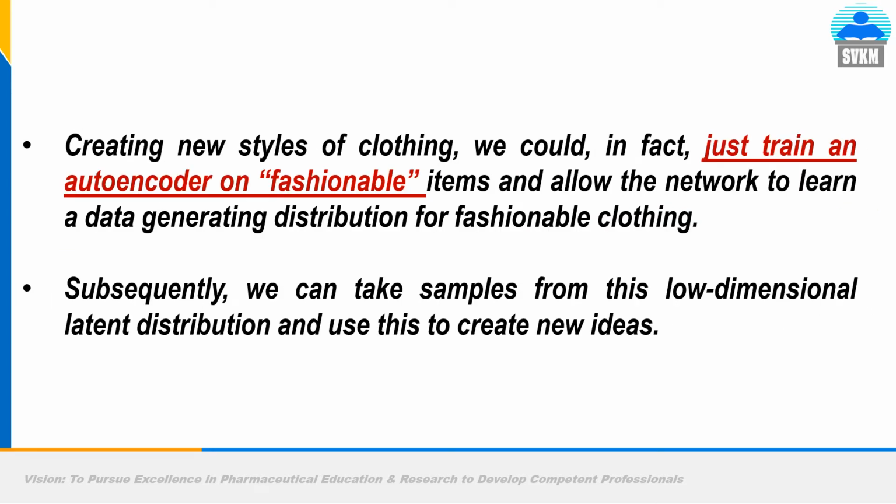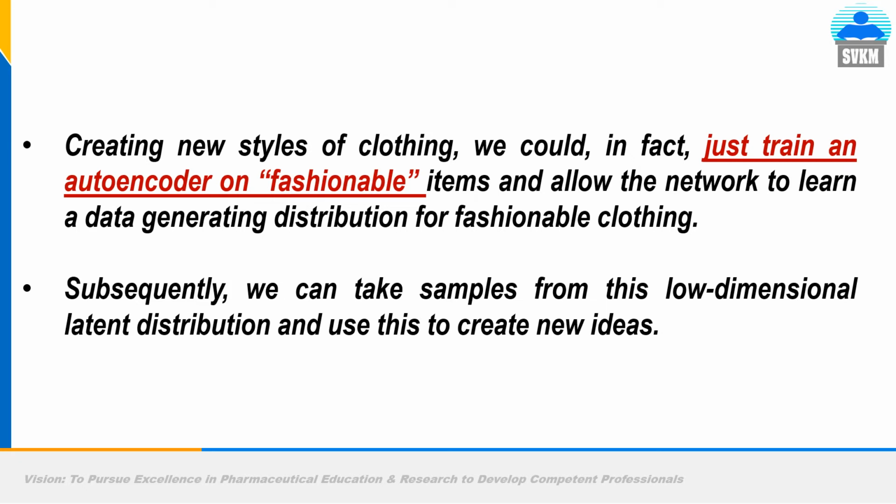Creating another example from the non-pharma world: creating new styles of clothing. We could in fact just train an autoencoder on fashionable items and allow the network to learn a data generating distribution for fashionable clothing.